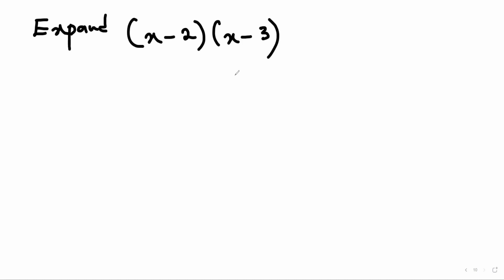I would like you to please make a record of this in your book. I want you to walk me through how you will do this, please. Okay, so you do x times x, which is x squared. And then you do x times minus 3, which will give you minus 3x.